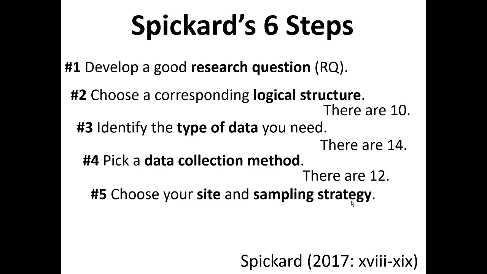We are then going to choose our site and our sampling strategy. So, what is the place that we are interested in examining, or where are the people, or where are the things that we are interested in examining, and also where are the data for those, because they're not always in the same place.